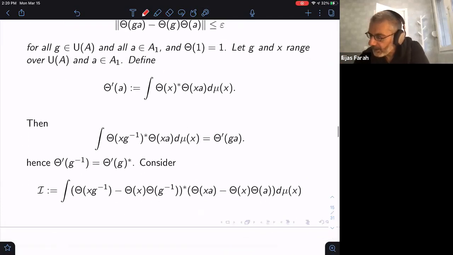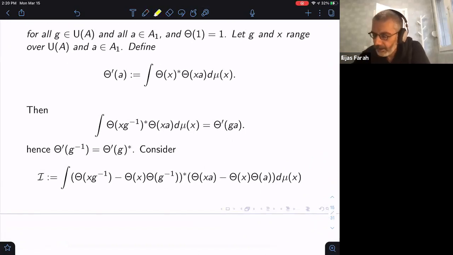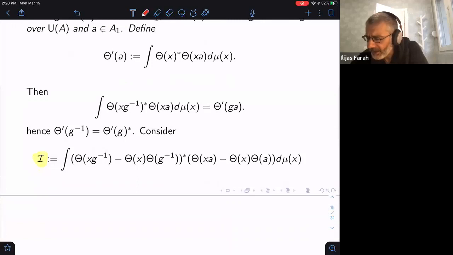Now here is this I. This is the key expression that we want to estimate in our proof. So what is I? It's the integral of theta(xg inverse) minus theta(x)theta(g inverse) adjoint, times theta(xa) minus theta(x)theta(a), d mu of x. So you have a similar expression with a and with g inverse, and the first one is conjugated.